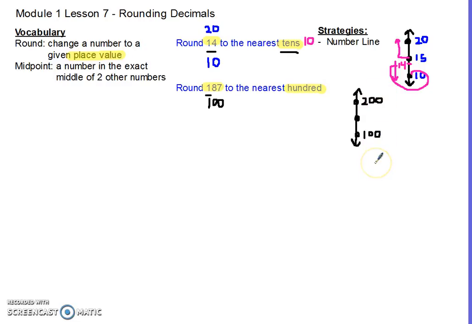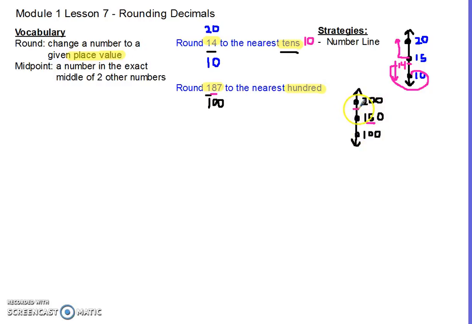Then we talk about our midpoint. What is halfway between 100 and 200? That is 150. Then we place our number on our number line, and we're looking at that next one over, the tens, and we're comparing it to this 5, and we're asking ourselves, is that 8 above or below that 5?